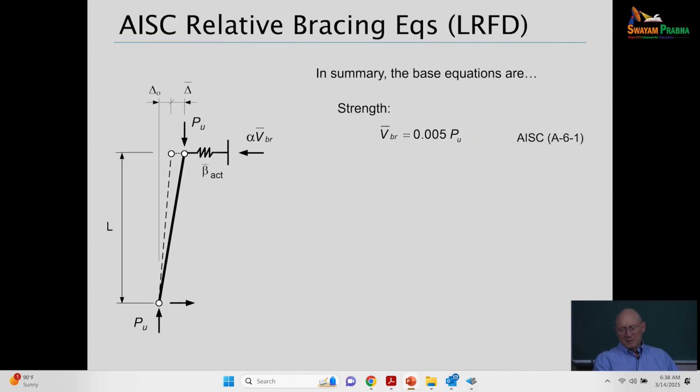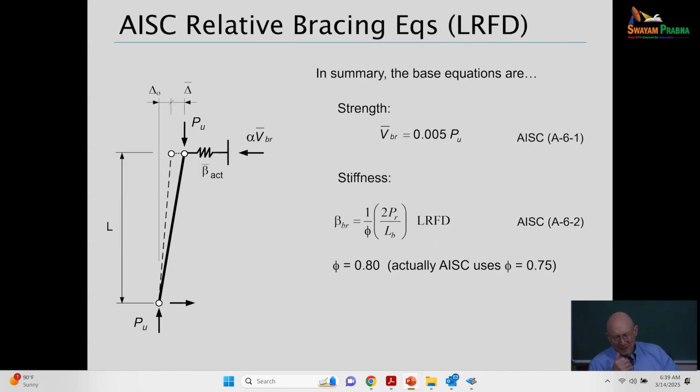So in summary, the base equations: the strength requirement is 0.005 for our shear panel or for our single nodal brace here at the top. For stiffness, the requirement is that we need 2 times the ideal bracing, so that's PR over L or PU over L, and then we divide by a phi factor.